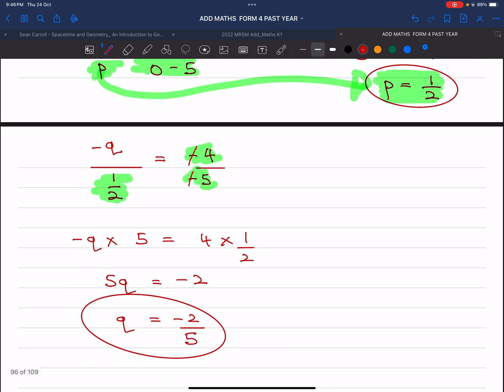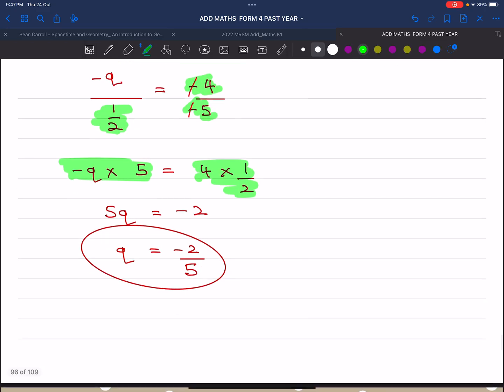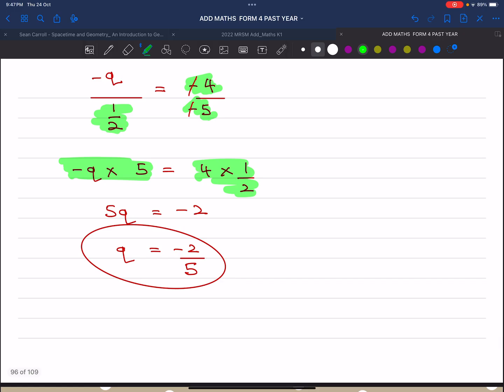What I'm going to do is cross multiply. 5 times negative q, or negative q times 5, is the same thing, and then I have 4 times 1 over 2, which is 2.